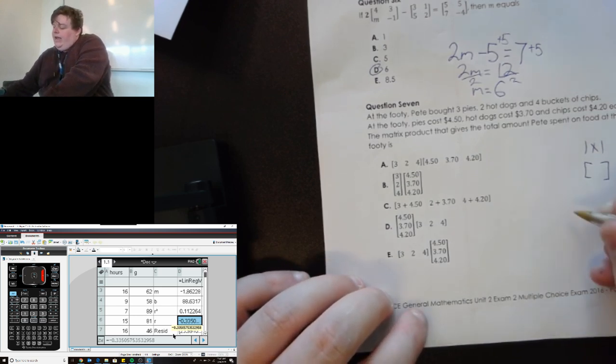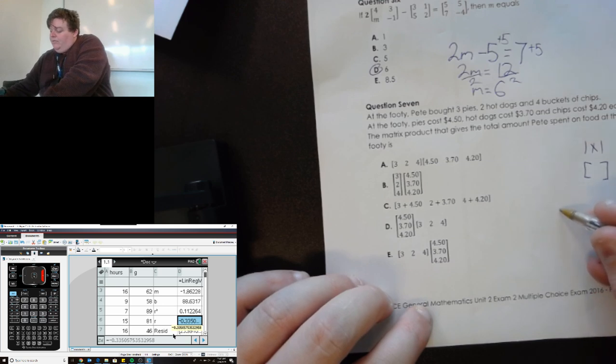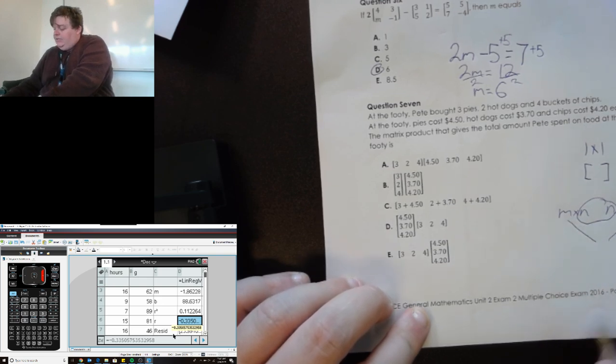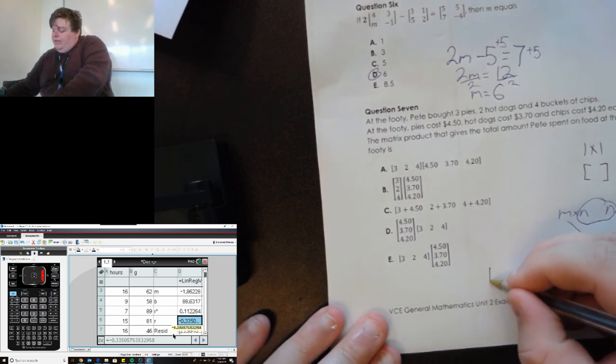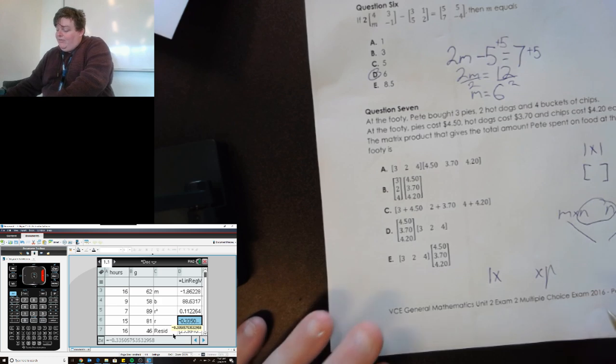Which means that if we're multiplying 2 matrices together, remember if we have m times n and n times p, if the values in the middle are the same, then these outer values become the answer. So if we want a 1 by 1 as our answer, we know that it has to be a 1 by something matrix and a something by 1 matrix.